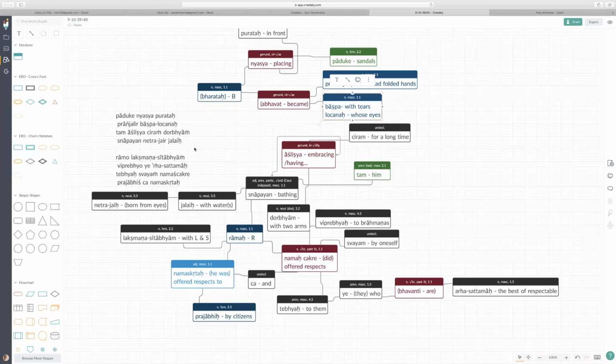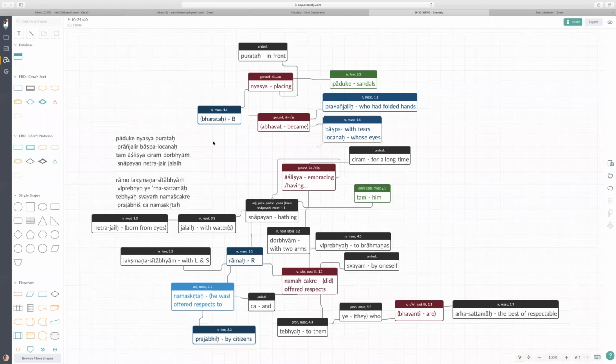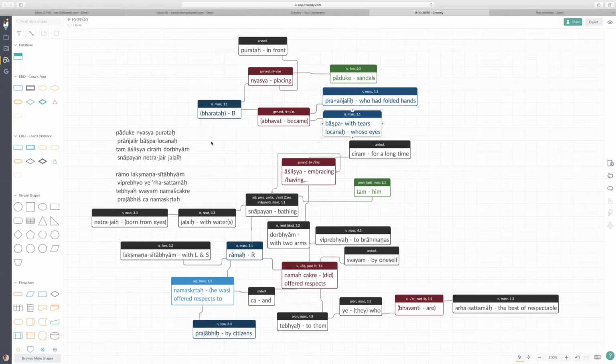Now, won't it be like this, that Bharata, who is a person with folded hands and with tears, placed the paduka in front of him? So how do we understand that? That's a direct adjective of Bharata. Yeah, well, see, here it can be an adjective, but here it is what we call vidheya, anuvada and vidheya. A is B, or A became B.